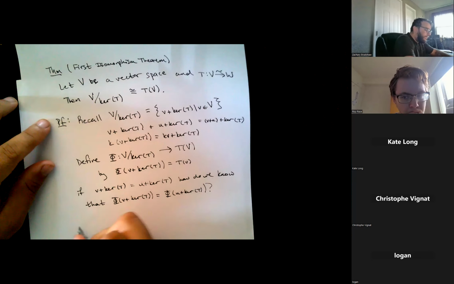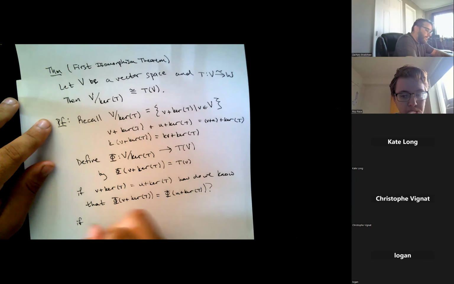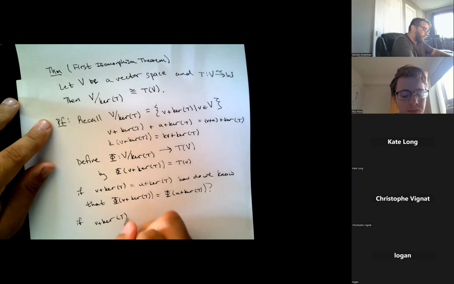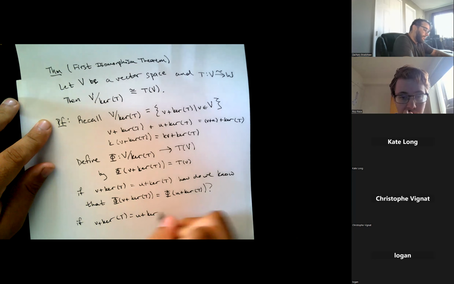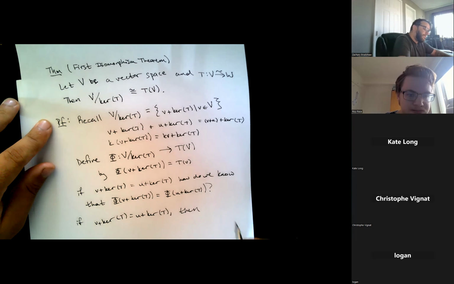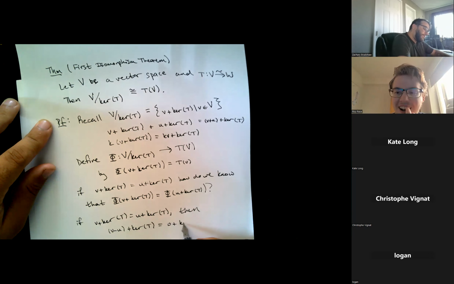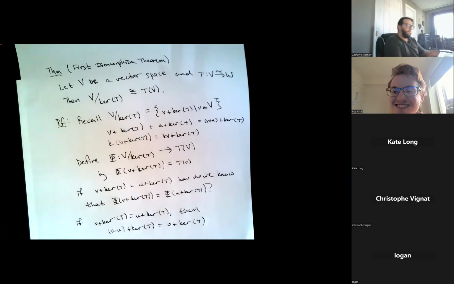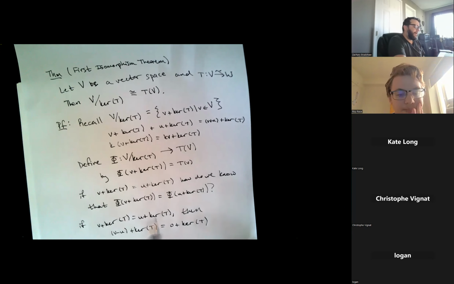Well, if these two things are equivalent, then that means that, let me be really precise, that means that v minus u plus the kernel of T is equal to 0 plus the kernel of T. Okay. So I subtract the u over, and I get v minus u here.